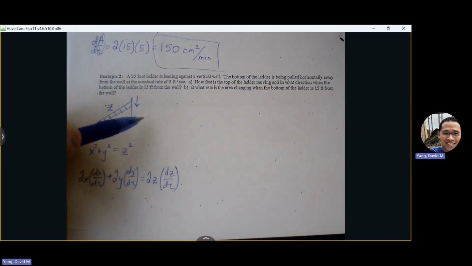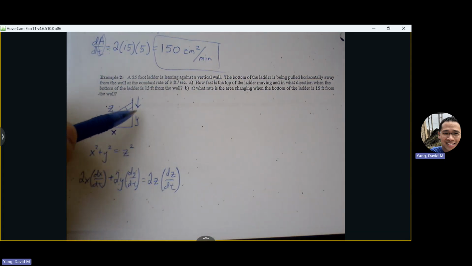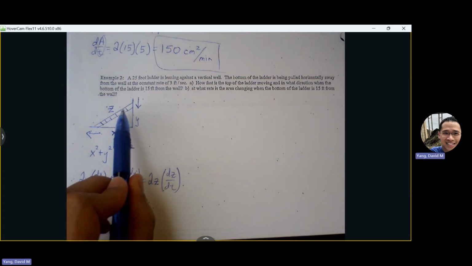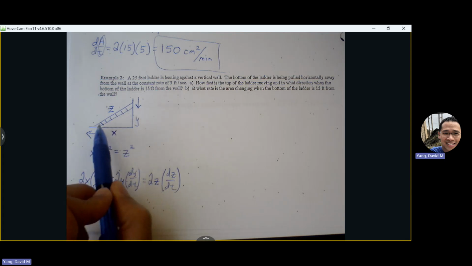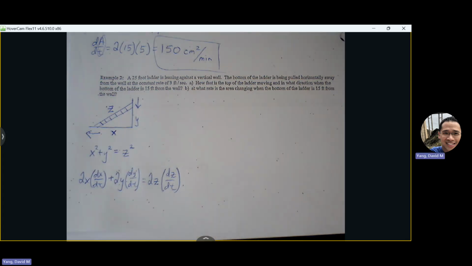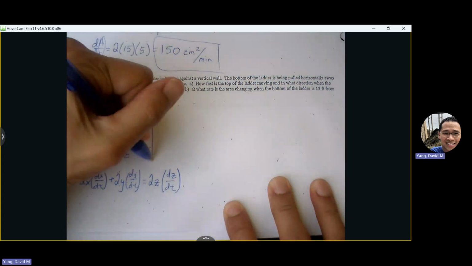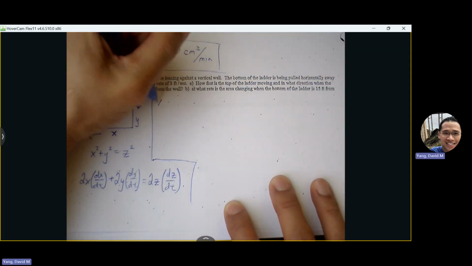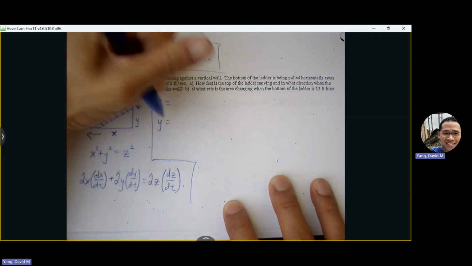Dy dt tells us how fast this side length is changing. And then dz dt tells us how the hypotenuse length is changing over time. So off to the side here, I'm going to list out these variables that we want to account for.